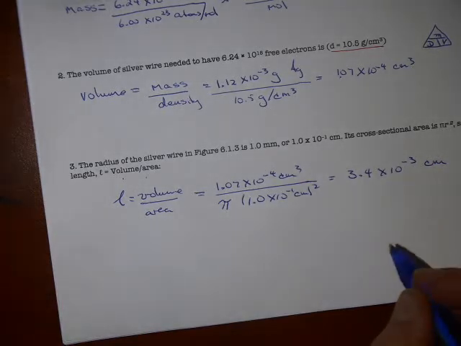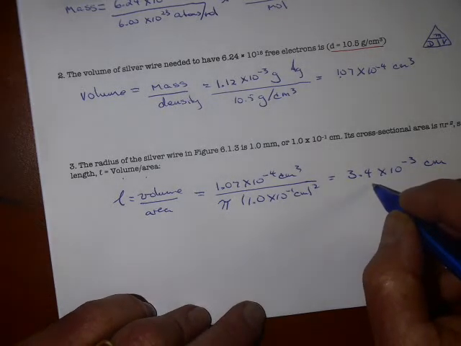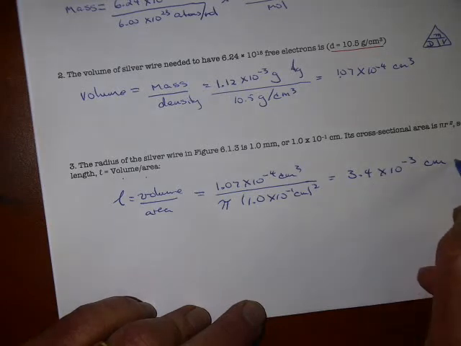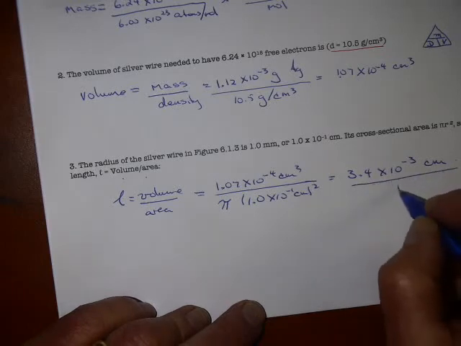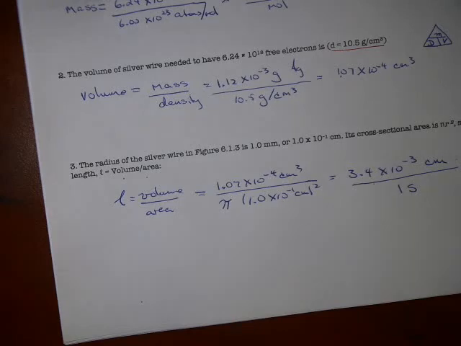Now the jump here is that this is how many centimeters an electron will go in 1 second, and that is the drift velocity.